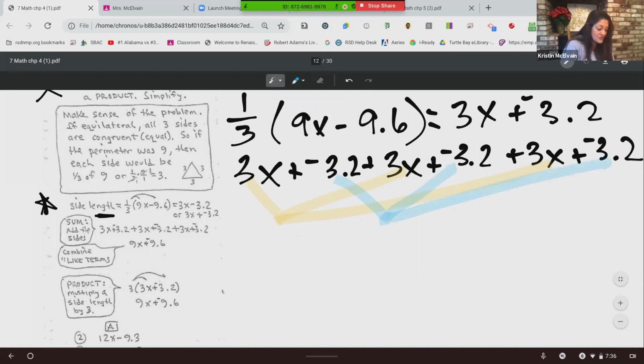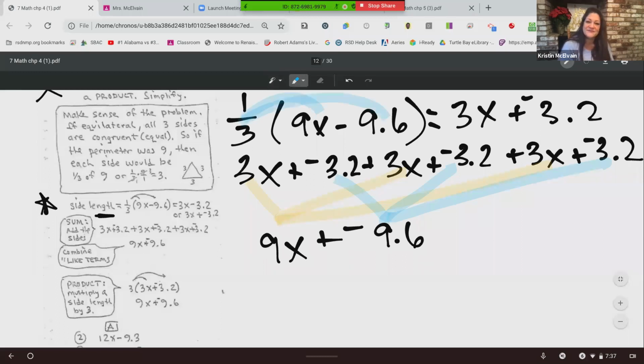That would give us our original, which is 9x plus negative 9.6. So all you're doing is going forwards and backwards, taking apart and putting back together. This is really helping you understand, ultimately, the distributive property.